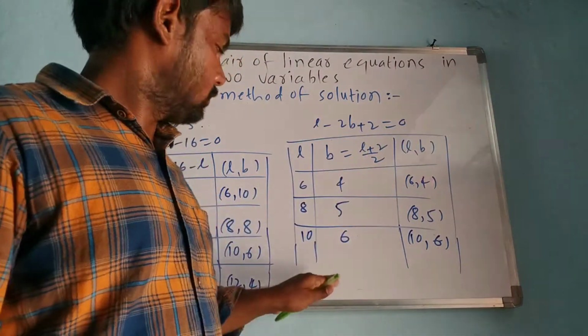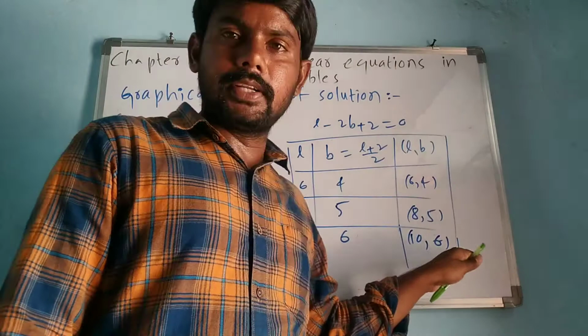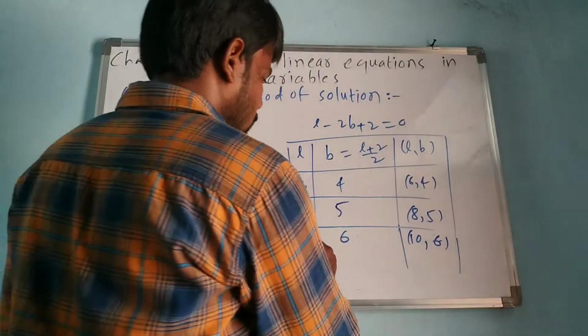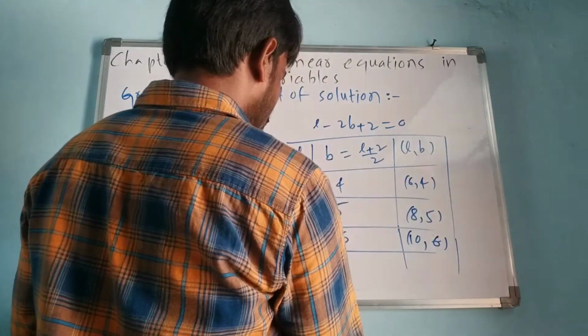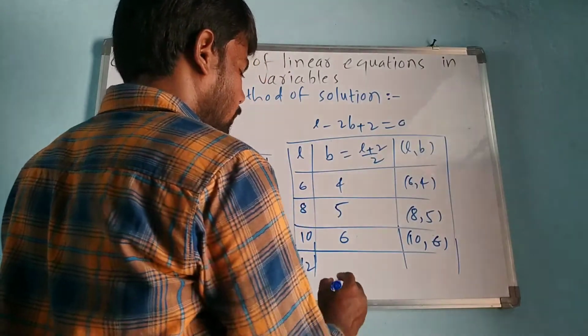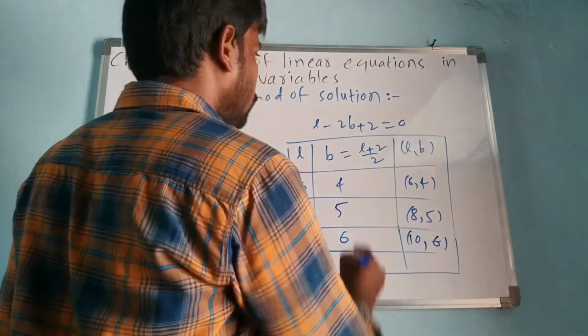Half of 12 is 6. So this point is 10 comma 6. And then 12. If L is 12, what happens here?